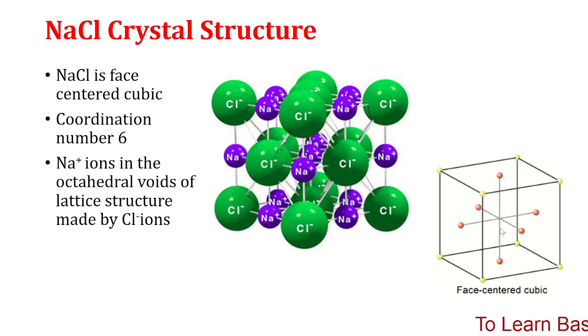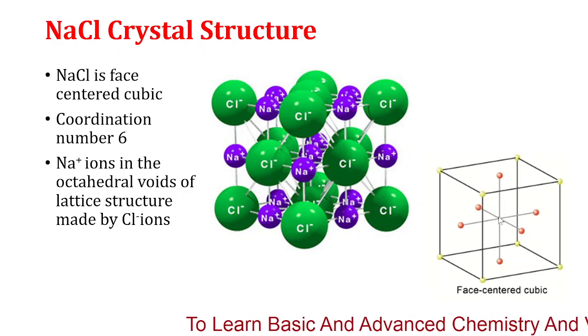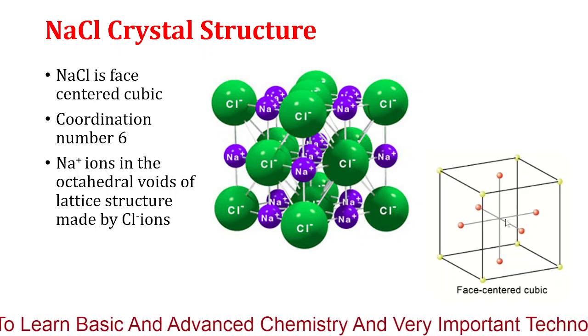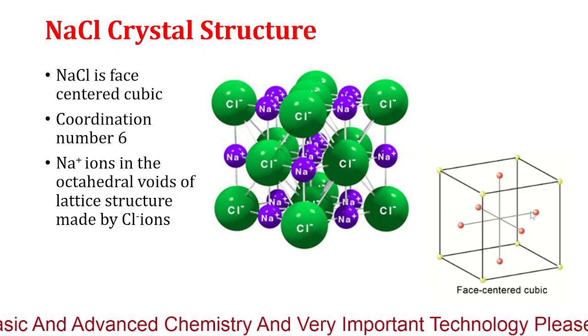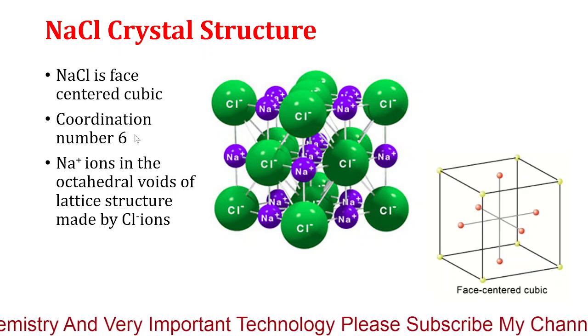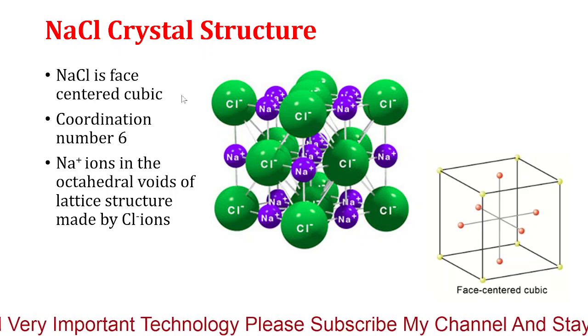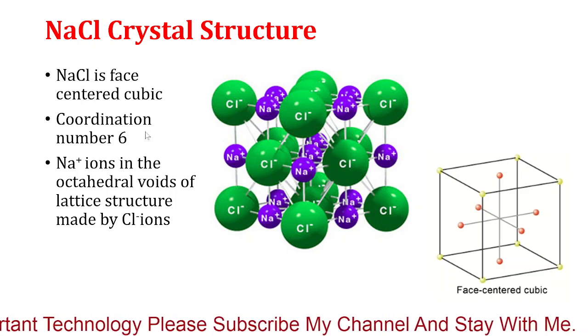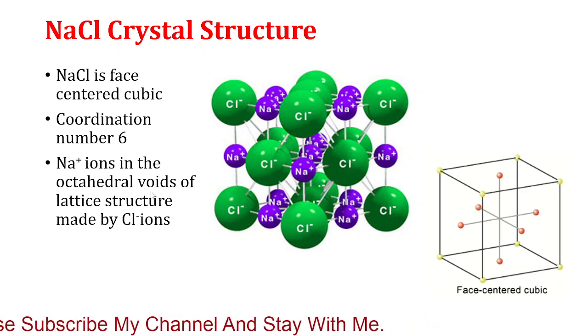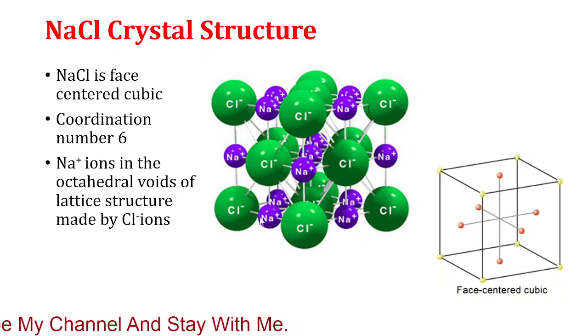And what is the coordination number for this? If you consider this one, the coordination number is 6. Yes, we can easily find out: 1, 2, 3, 4, 5, 6. So for the face-centered cubic sodium chloride structure, the coordination number is 6. Sodium ions are in the octahedral voids of the lattice structure made by chloride ions.